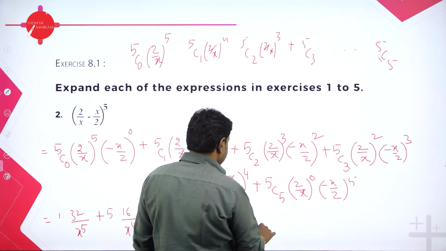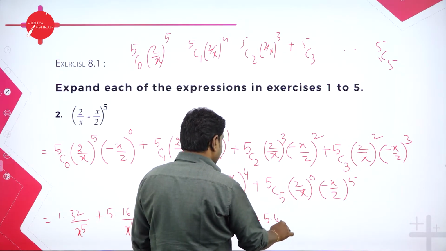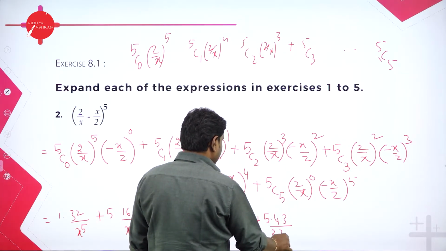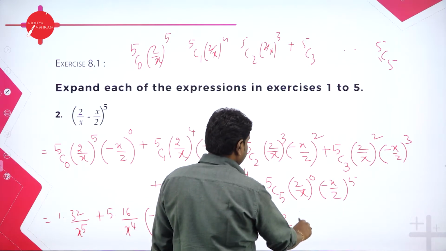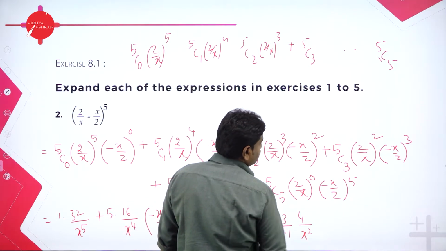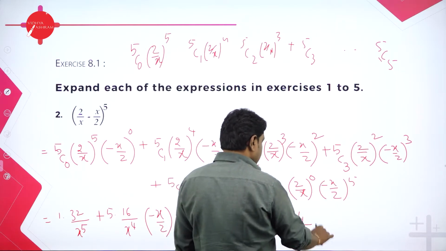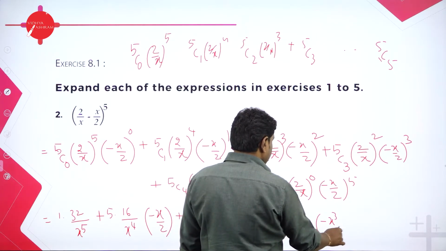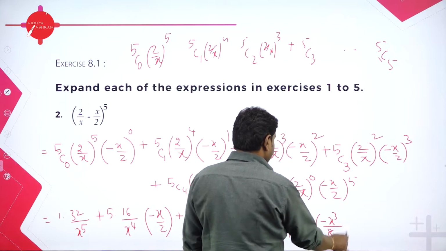Then 5c3 is 5 into 4 into 3 divided by 3 into 2 into 1, and 2 square is 4 divided by x square, minus the whole cube becomes minus x cube divided by 2 cube is 8.